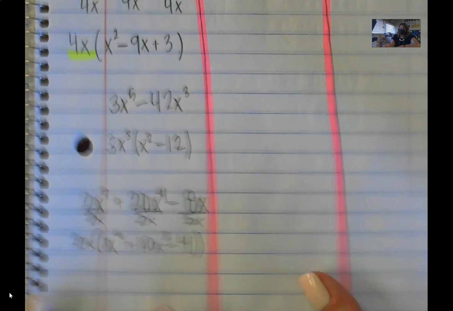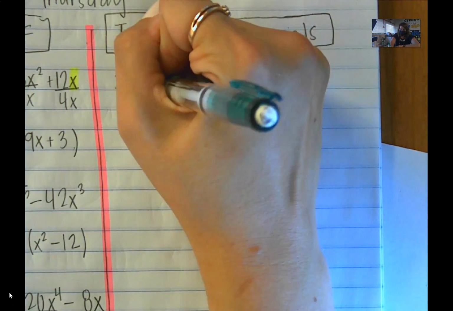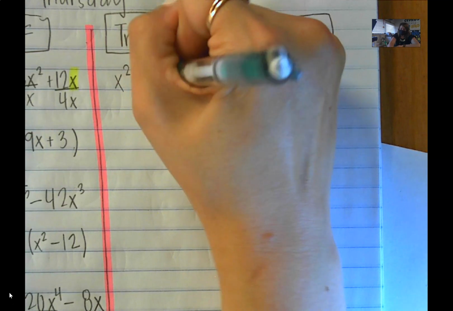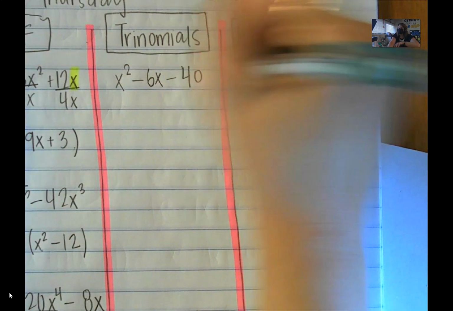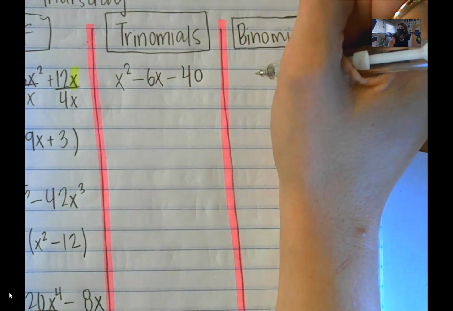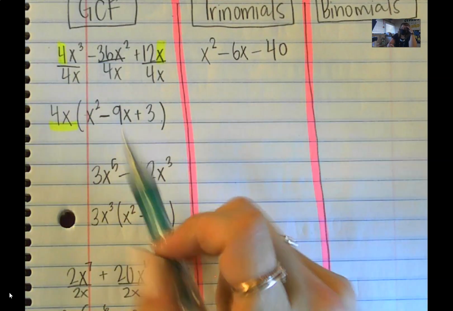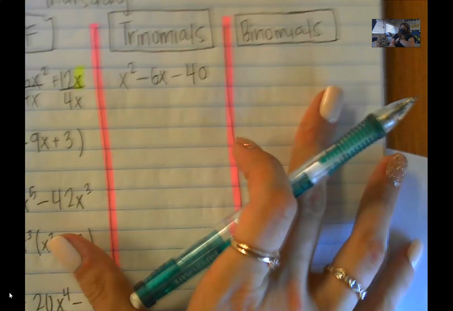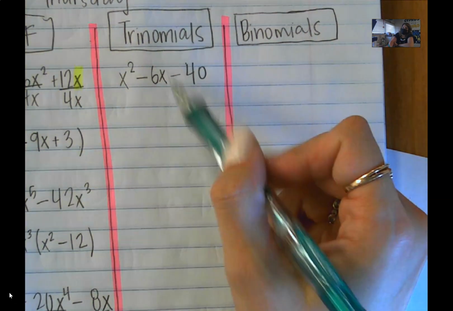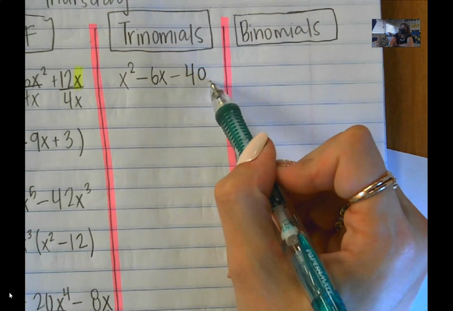The reason why that's what we want is because when we go to factor things like trinomials, so like an x squared minus 6x minus 40, we can now factor this. So the reason that we want no number on the front and no letter on the end is because when we factor things like these trinomials, we can do it because there is no number on the front and no letter on the end.